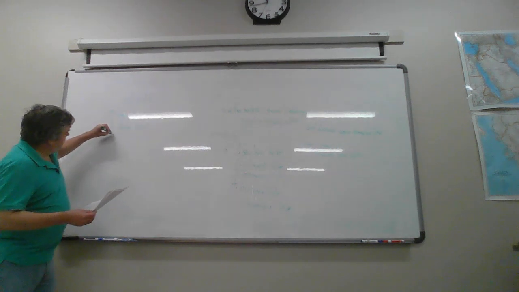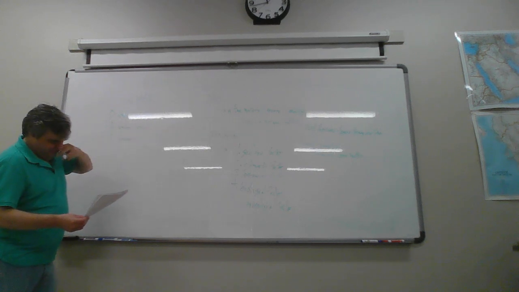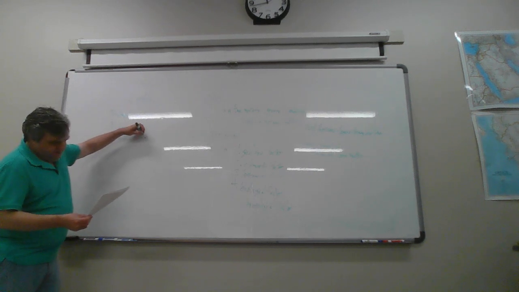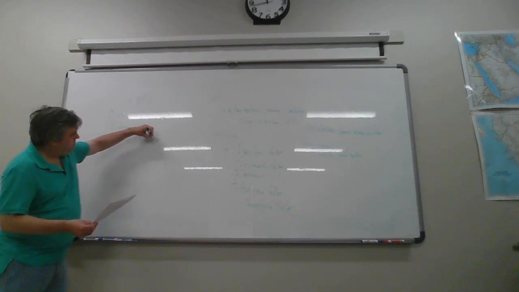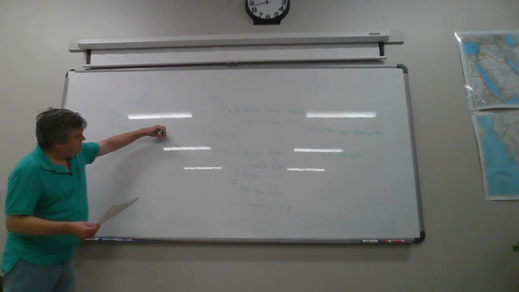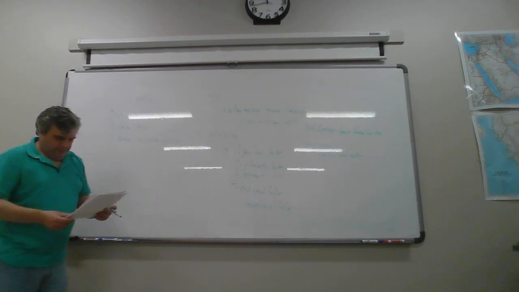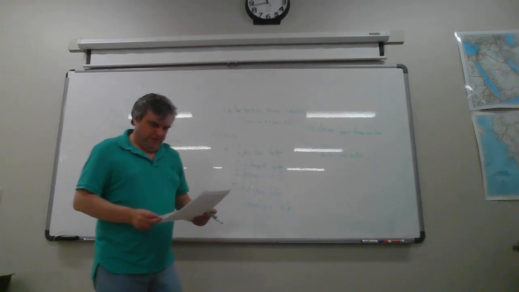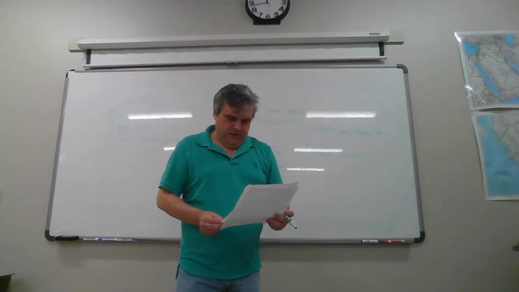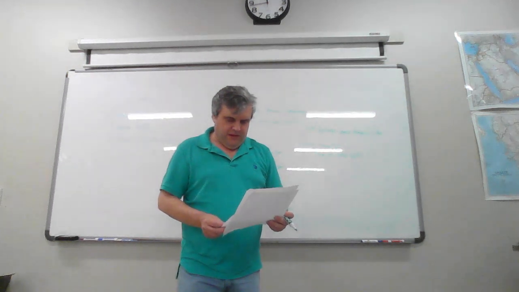E horizon. In this case, E is for eluviation, or outwashing. Dig down a little bit. Water percolating through the soil, the remains of some organic matter from the bottom of the A layer.